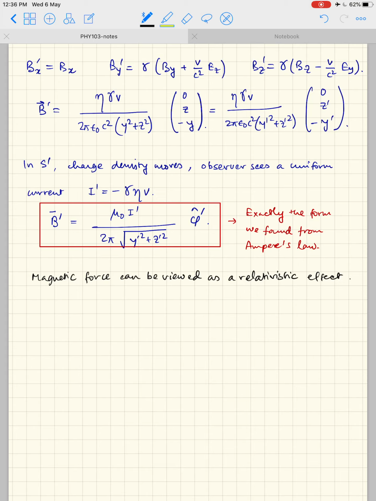So we see that under Lorentz transformation, Gauss's law must be related to Ampere's law.